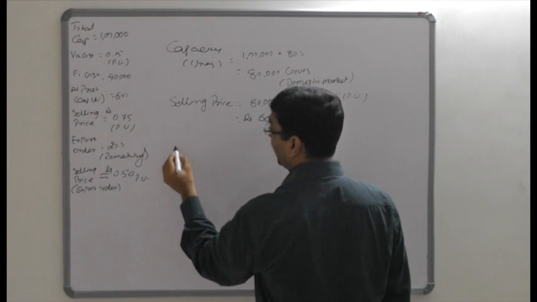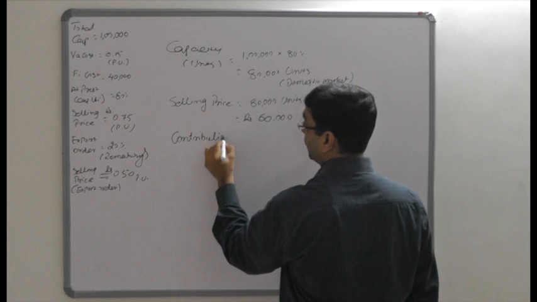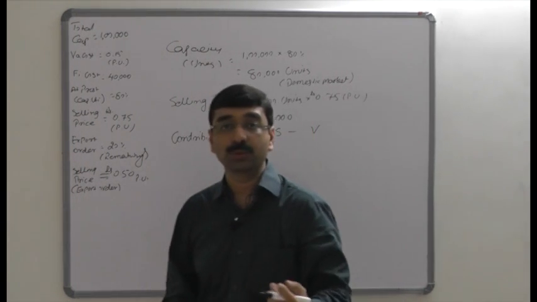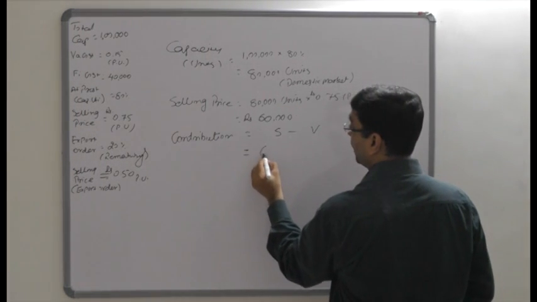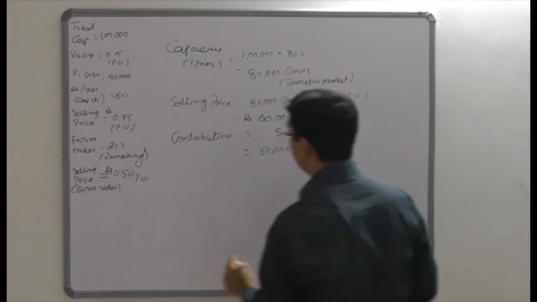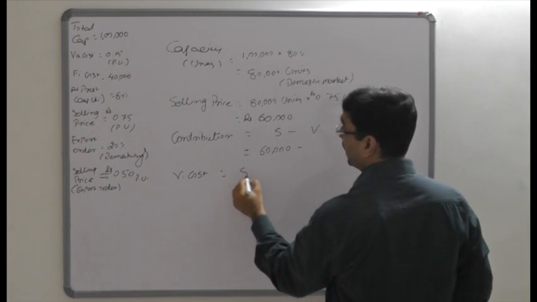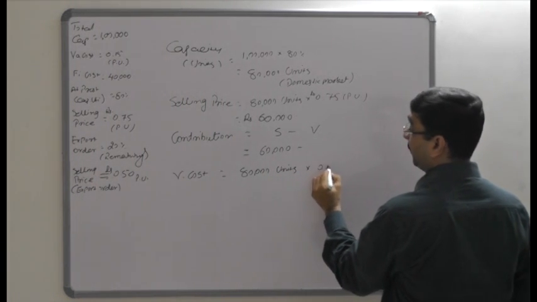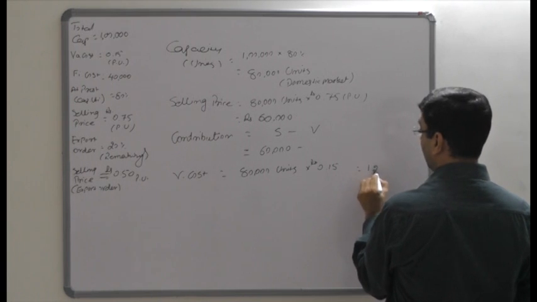Now we find out the contribution. Contribution is S minus V. As I already mentioned, we use the formula and concept of marginal costing. S is rupees 60,000. Variable cost is 80,000 units into 0.15 per unit, which comes to 12,000.